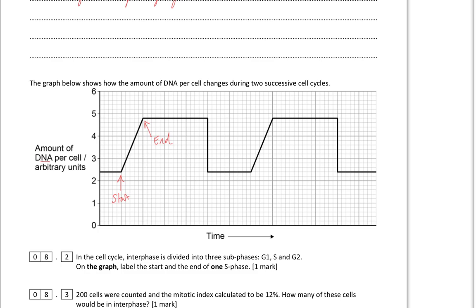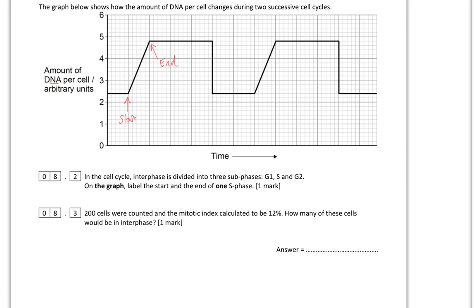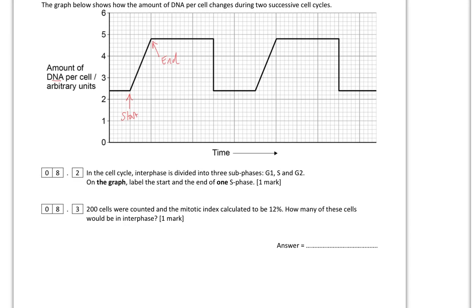And then 200 cells were counted, and the mitotic index was 12%. So remember, mitosis: number of cells divided by total, times by 100 equals 12. However, I want those that are in interphase, so that's the rest of them.